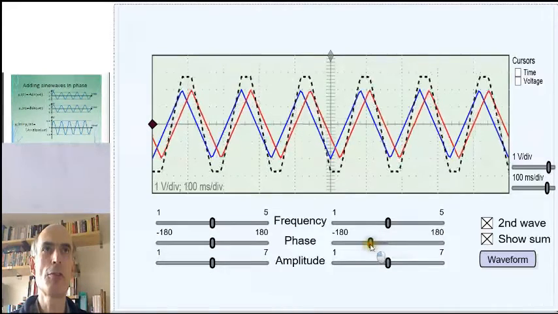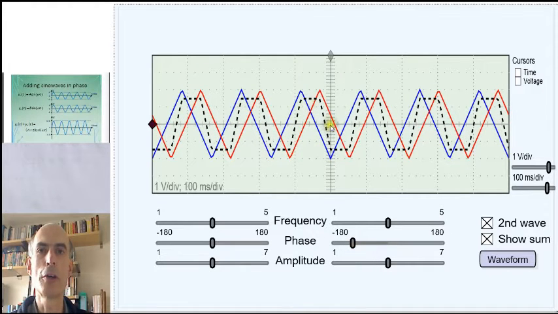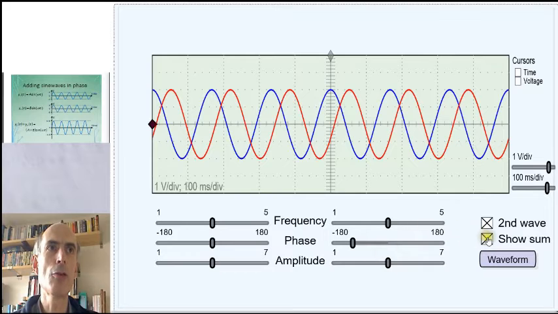But if the phases differ, then the output sum is no longer the same shape as the inputs. In some cases, it looks a bit more like a square wave. But for sine waves, add two sine waves together, and you get an output sine wave all the time.